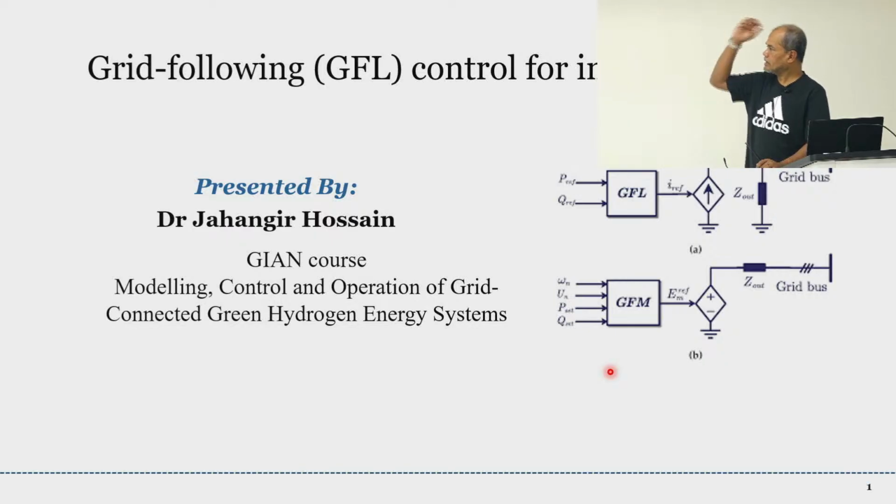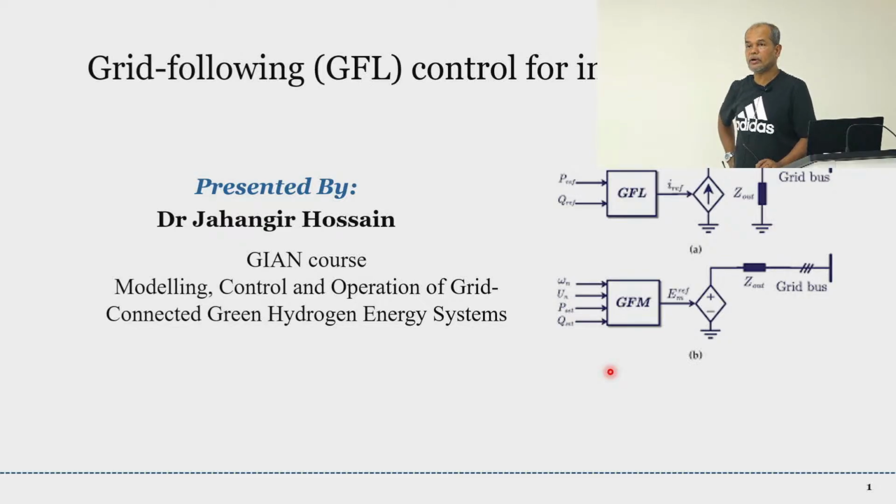Because in the grid following inverter, it just follows the reference power whatever you are giving. So our intention is always to inject either only real power, or, if you want to control it, both active and reactive power. You don't care about voltage and frequency when it is connected.